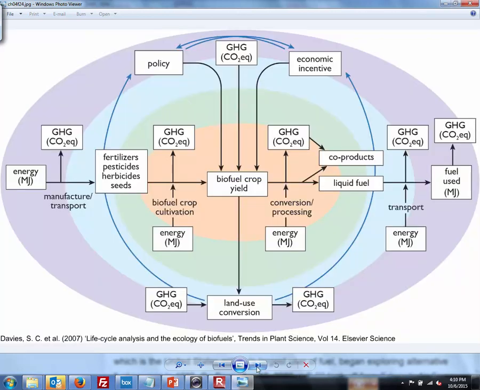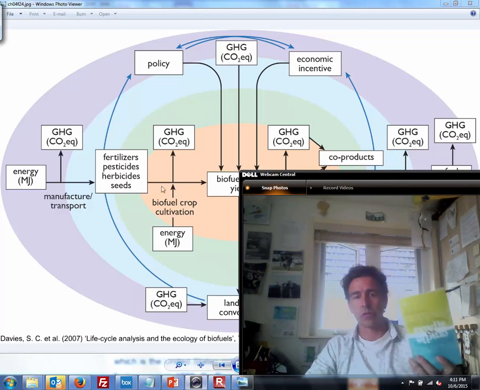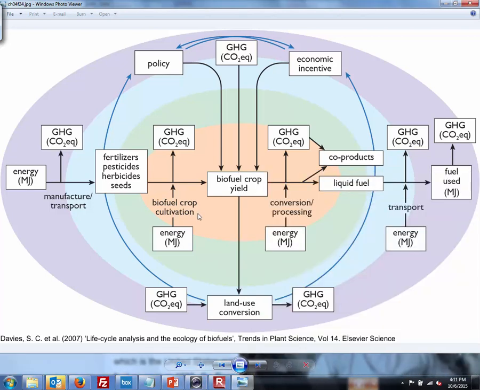And then a lot of people have been working on this sort of zero waste life cycle analysis. In my other course, we've been working our way through this book called Cradle to Cradle. So this is sort of a biological equivalent of that, if you will.